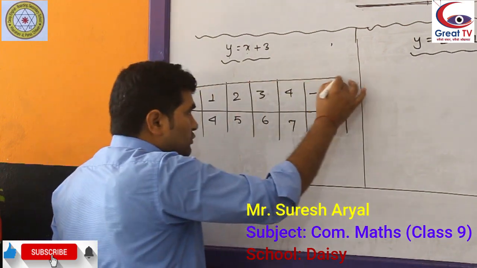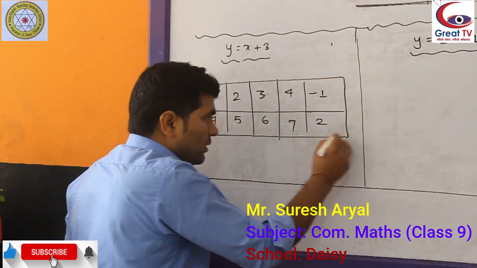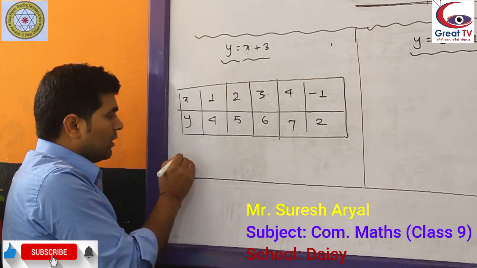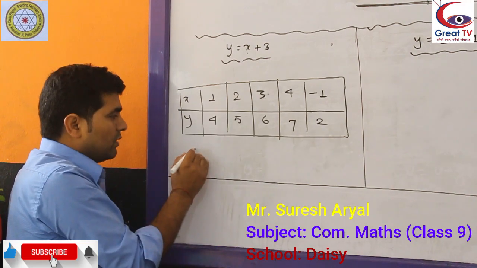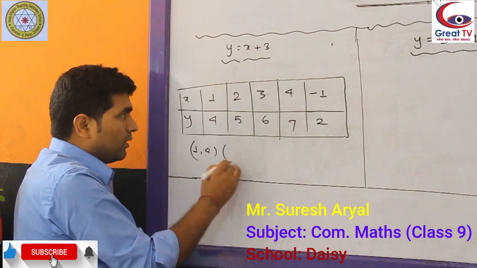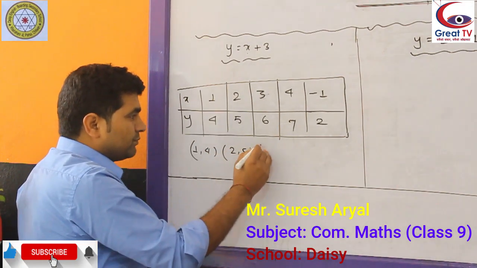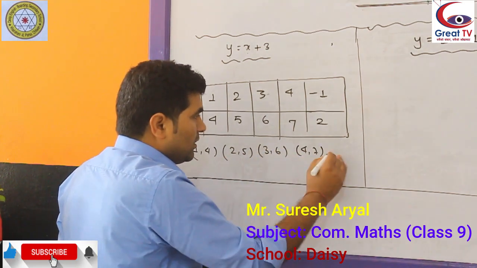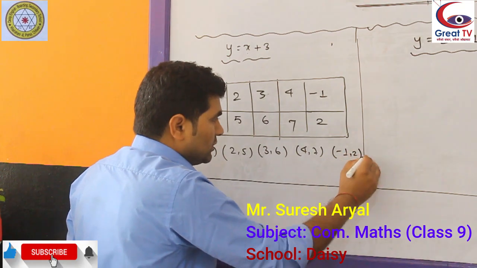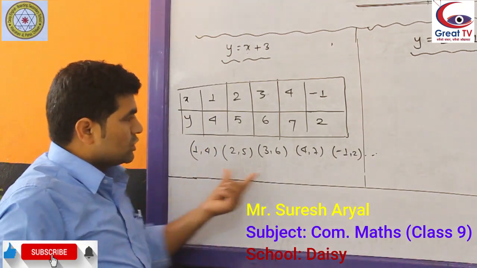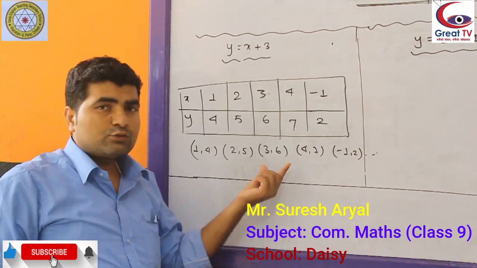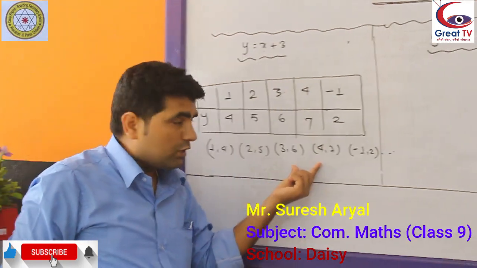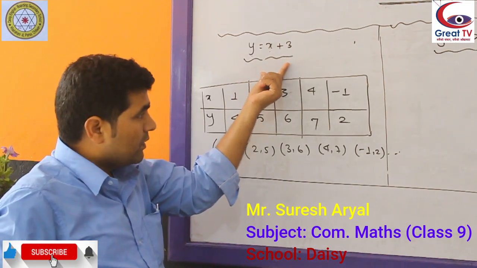It has many pairs of solution. From the above table, the pairs of solution are (1, 4), (2, 5), (3, 6), (4, 7), (-1, 2), etc. All pairs of solutions satisfy this equation.